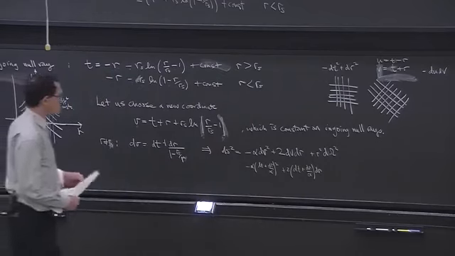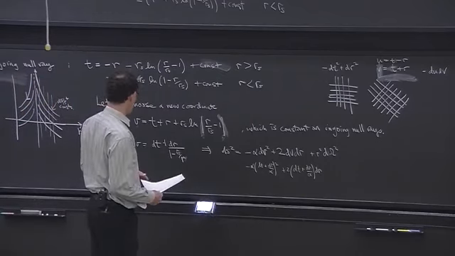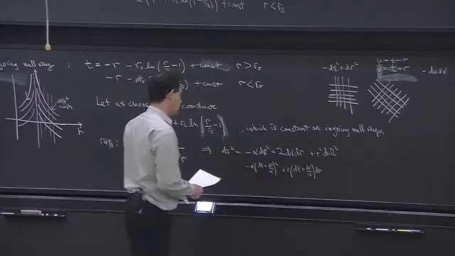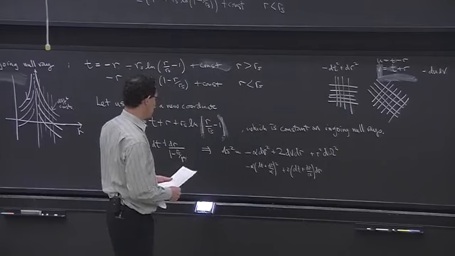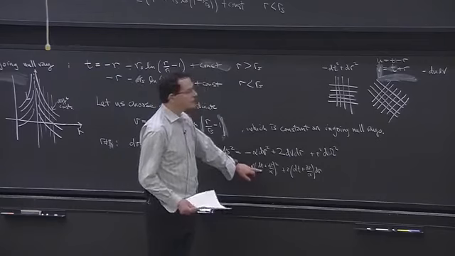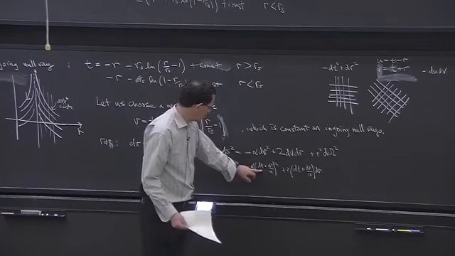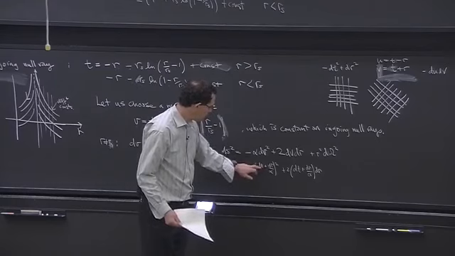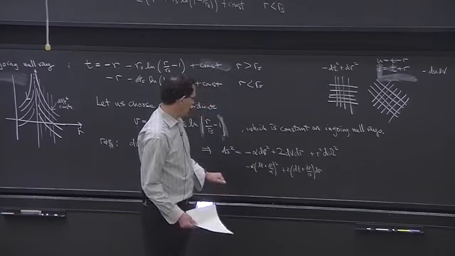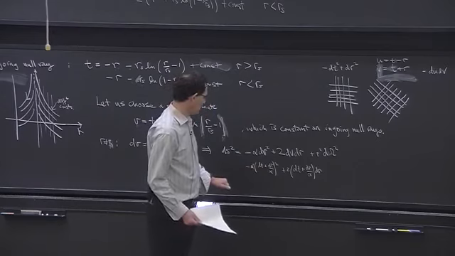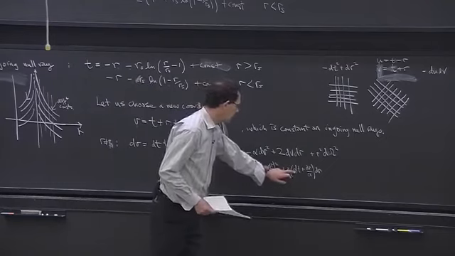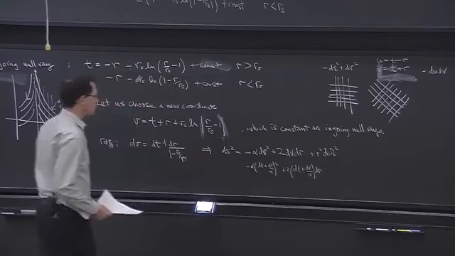Yes, that looks right. Here I get my minus alpha dt squared, which is the first term. When I look at the cross term, I get plus 2 dt dr over alpha times alpha, so the alphas cancel, and it's plus 2 dt dr. And here I get plus 2 dt dr, so the cross term cancels.